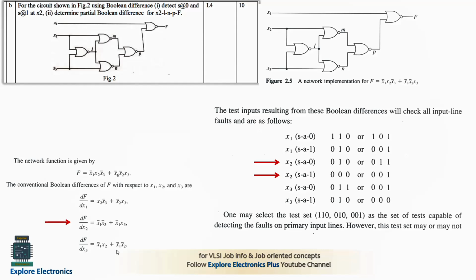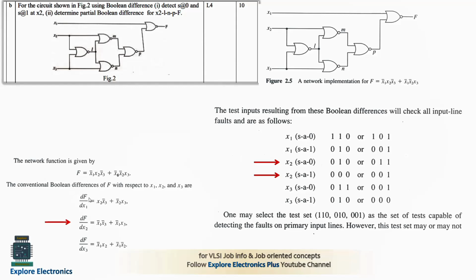Similarly for x3, they have given it over here. Now by looking at these three, we can write the test values for stuck at 0 and stuck at 1 for x1, similarly for x2, and similarly for x3. How to write it? For x1 stuck at 0, to check stuck at 0, what values do we need to give for x1, x2, x3?